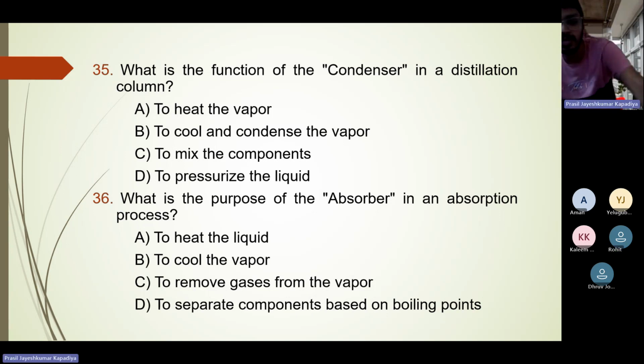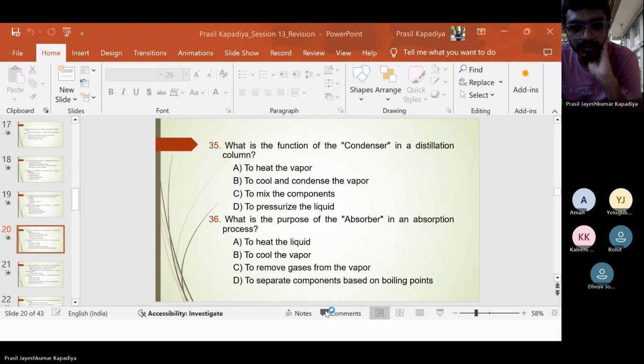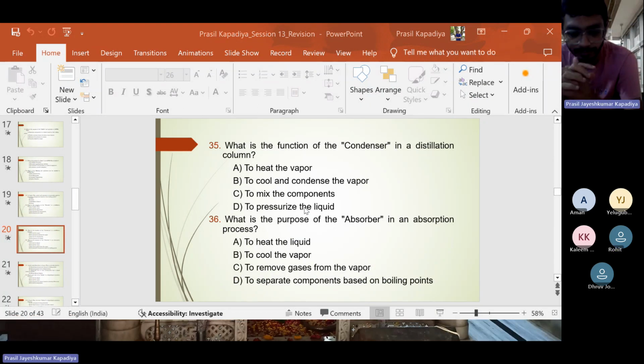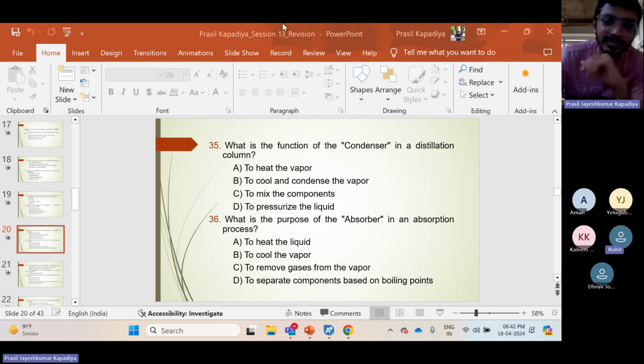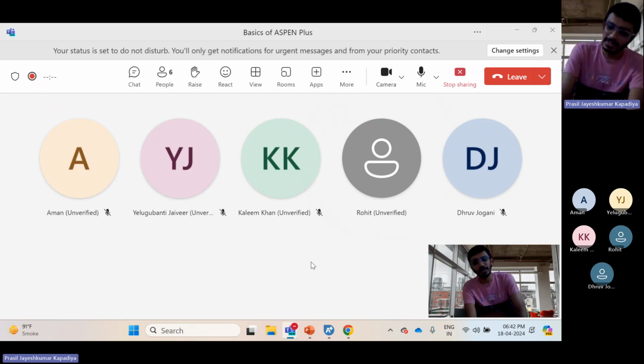How is that absorption? Who told this, water gas shift reaction? Rohit. Okay, so can you explain how is that absorption? Hello? I was just thinking like water gas shift reaction. Can you just say what happens in a water gas shift reaction?